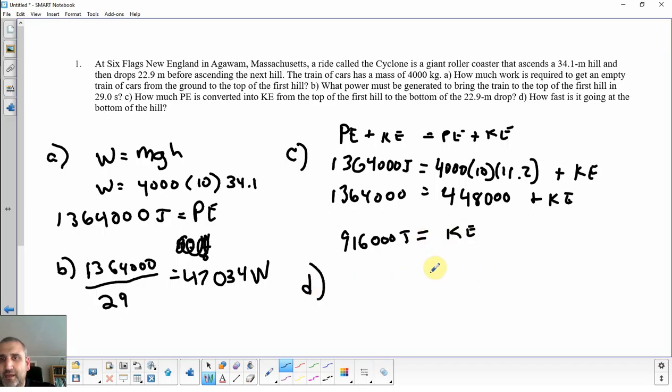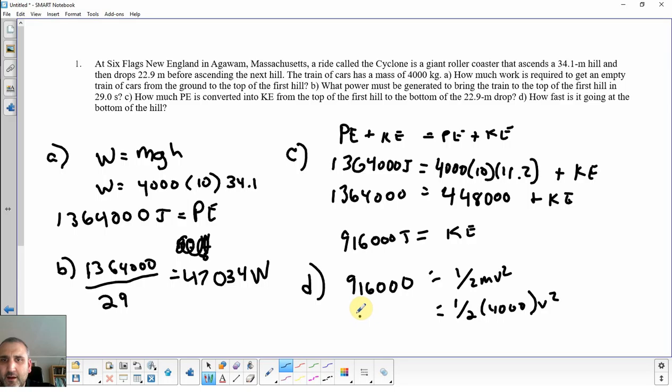Well, we know KE is 1/2 mv squared. 916,000 equals 1/2 mv squared, but we know the m. So 1/2 times 4,000 times v squared is 916,000. Let's see, what can we do?